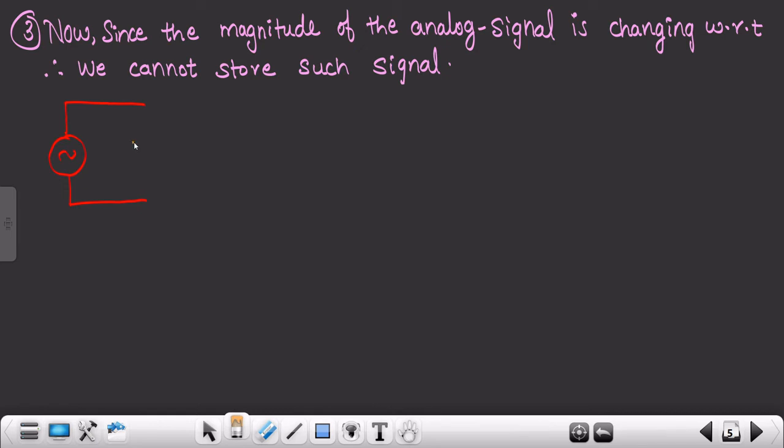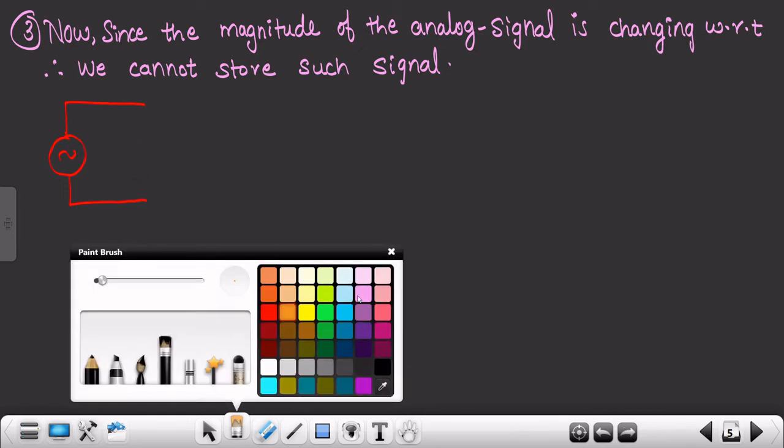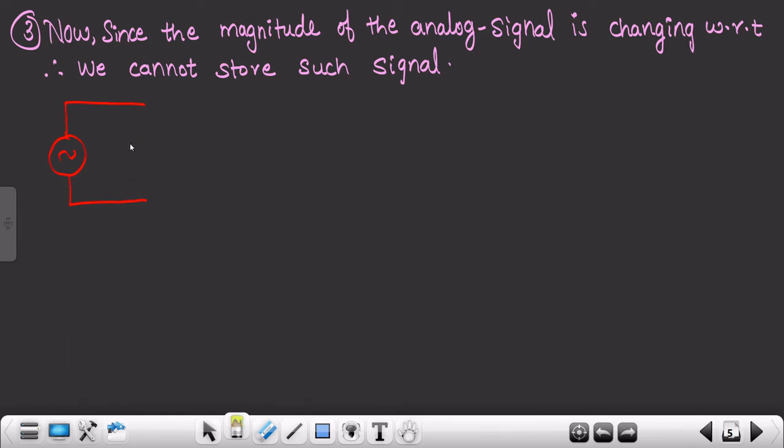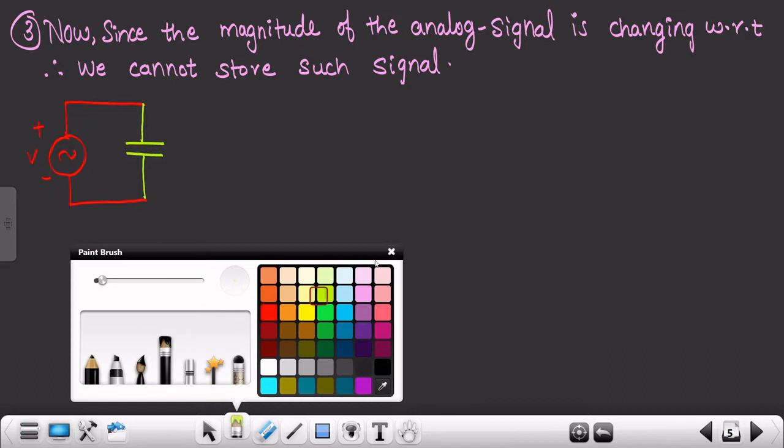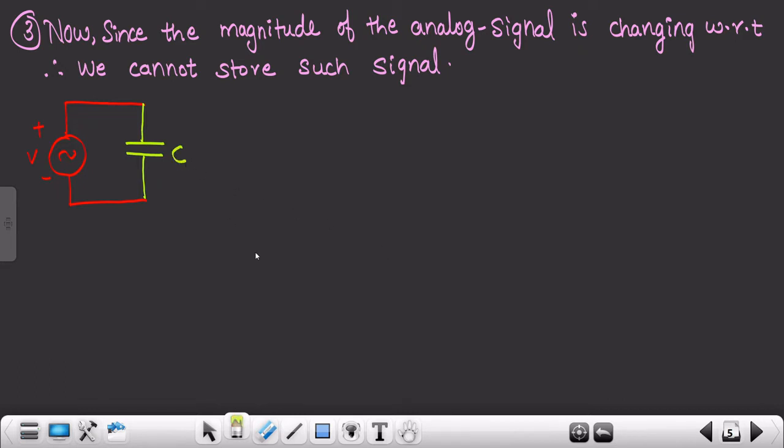So let's suppose this is your capacitor, something like this. I'm providing this AC signal to this capacitor.